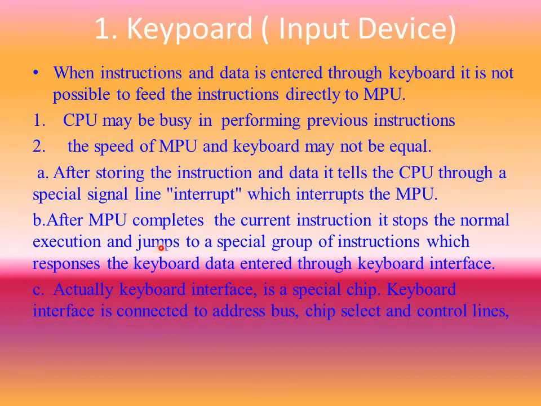So when CPU receives the interrupt signal through keyboard interface, it stops its normal execution and then accepts the data entered through the keyboard interface and then processes this data. Now, this keyboard interface is connected to the address bus, chip select lines, and control lines. Okay, so this is your first part, that is keyboard.